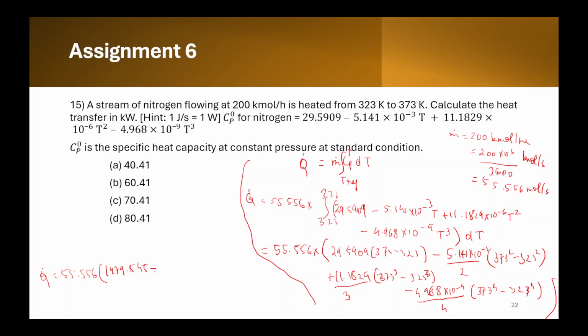Then the next term, negative 5.141 into 10 to power minus 3 divided by 2 into 373 square minus 323 square, again 89.4534.